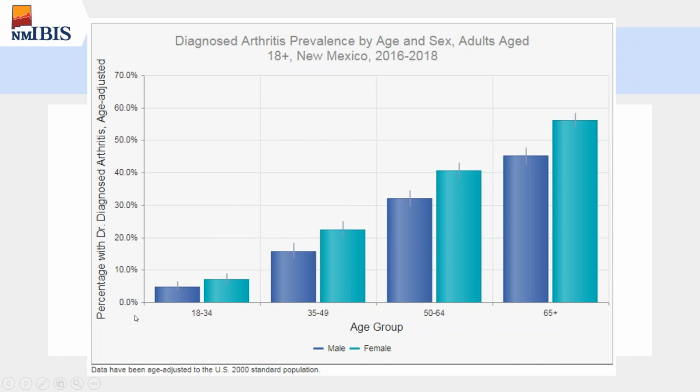And what's the category dimension? What defines these categories here? Age groups. They're age groups, right.